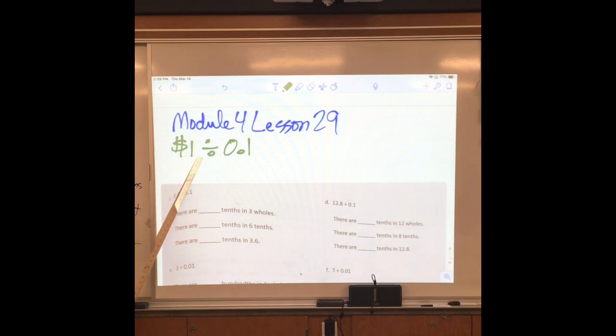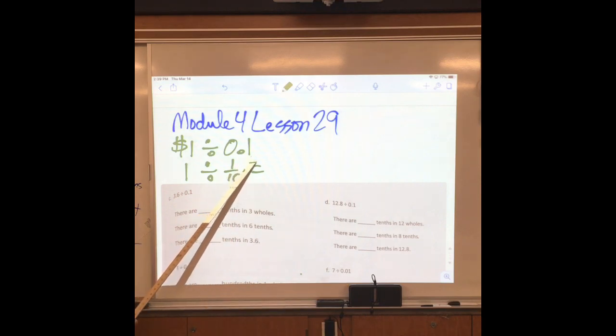If I have $1 and I'm going to divide it into point ones, what would this point ones be? I would hope that you're saying this is the same as 1 divided by 1/10, right? Well, what would this be in money? We would exchange this for what?